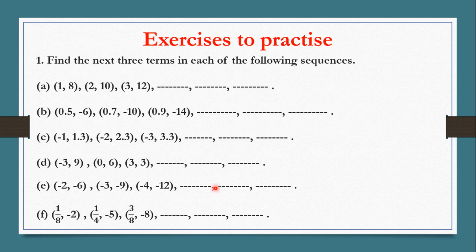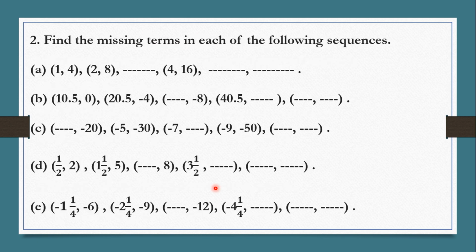You have some exercises now to practice on sequences of ordered pairs. The first question: find the next 3 terms in each of the following sequences. Number 2: find the missing terms in each of the following sequences.